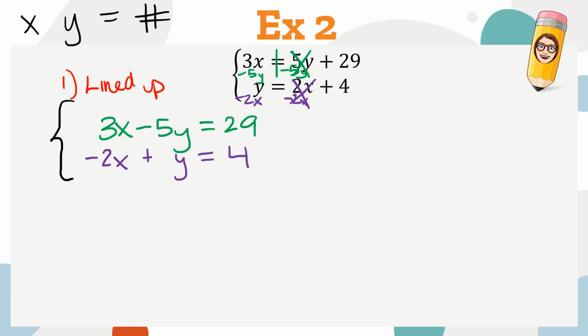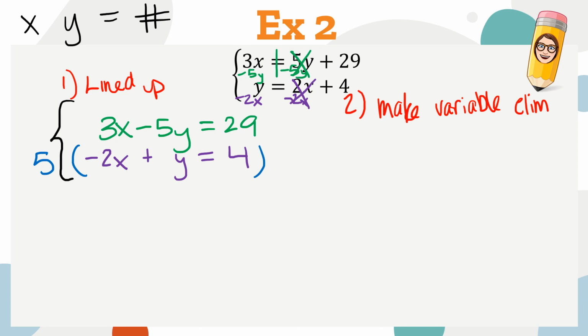Next, we want to choose a variable to eliminate. If I take a look at the y's, see how the y's are already opposite signs? One's positive, one's negative, but they're not the same number. So for step 2, I need to make a variable eliminate. And so I need to do a little bit of multiplication. I need to take my second equation and multiply it by 5.